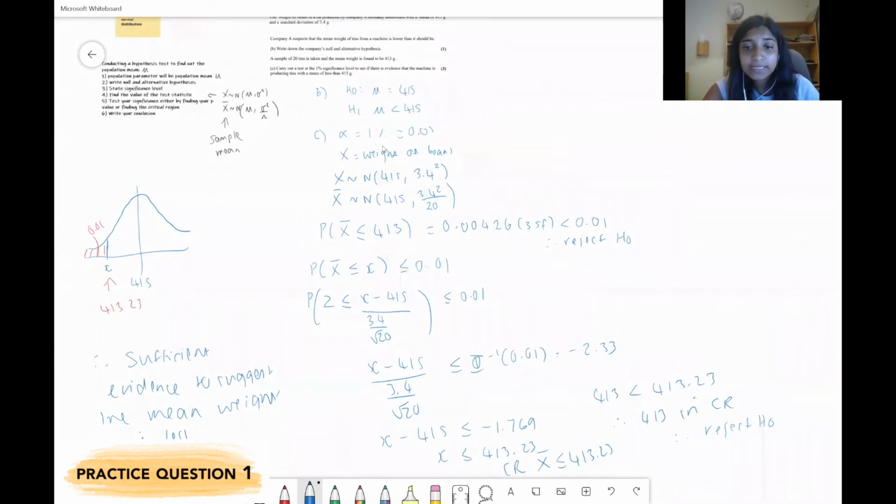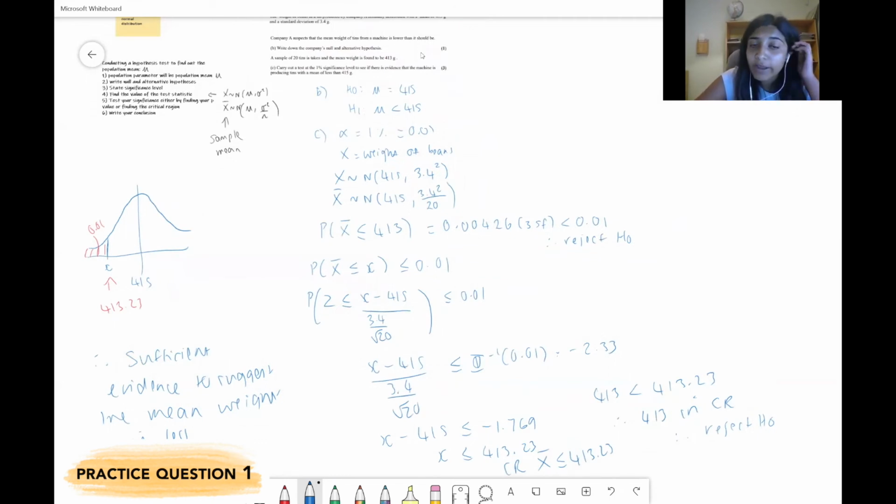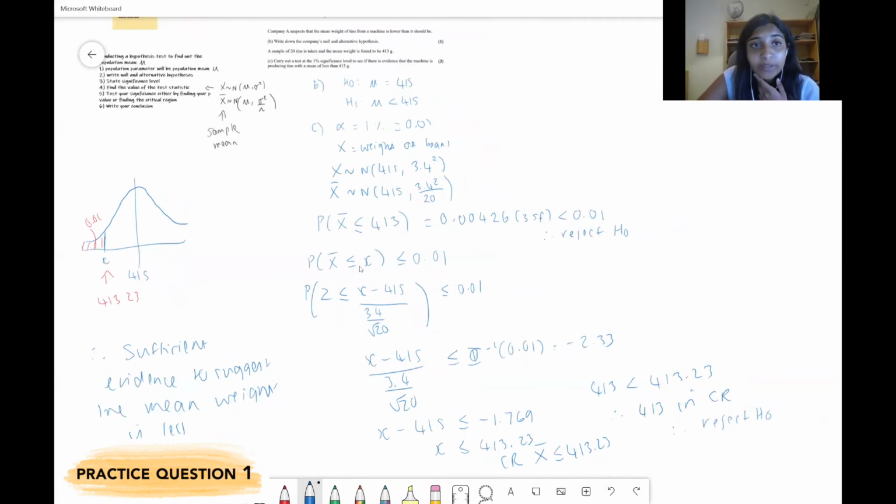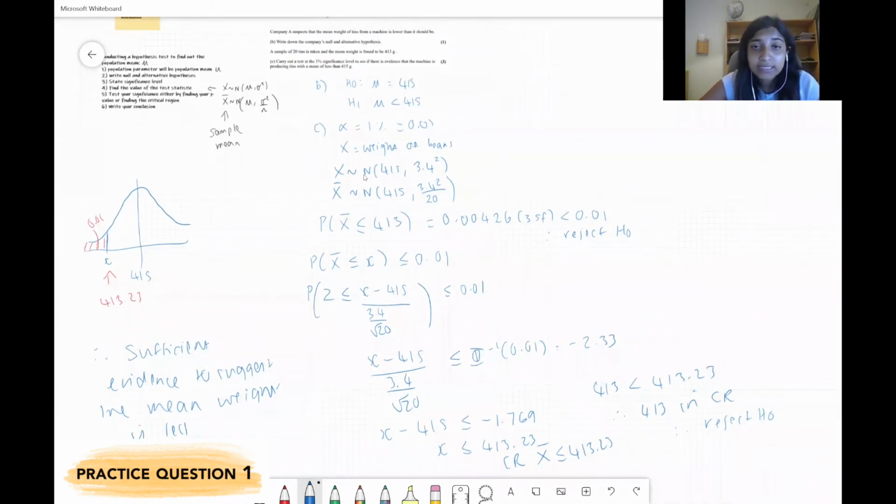So whether we found our p-value for the normal distribution or found our critical region, we got the same conclusion: we're rejecting our H0. You just want to follow all the steps when you're testing your population mean. The first main step is you write out what your test statistic is and its distribution.